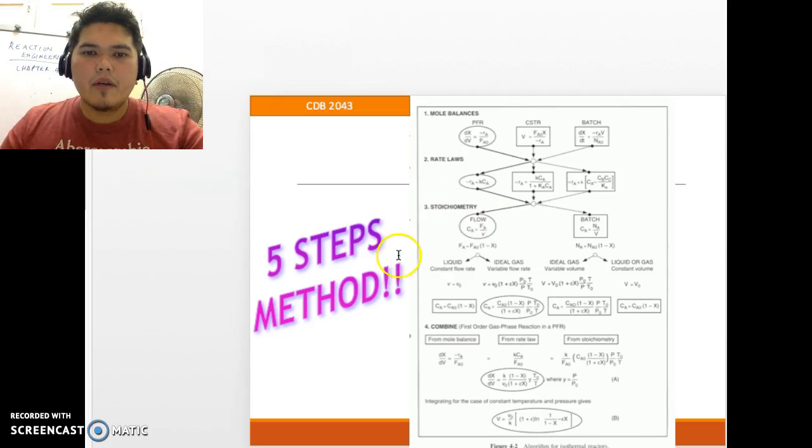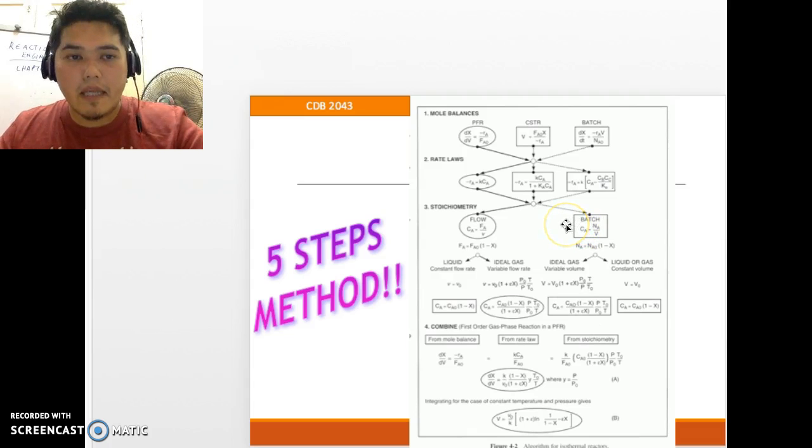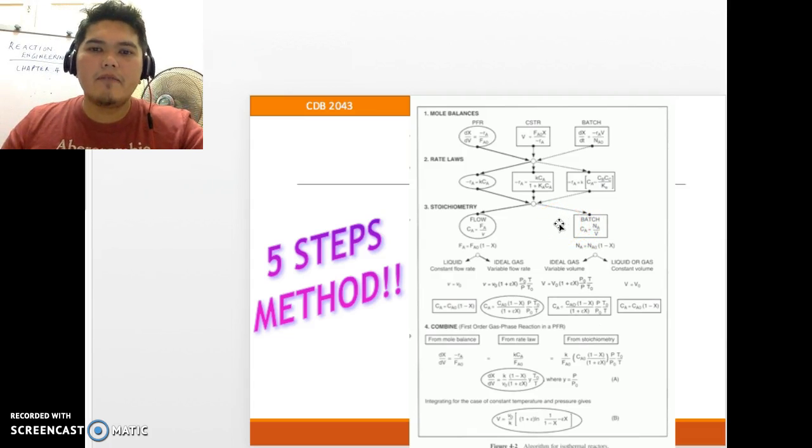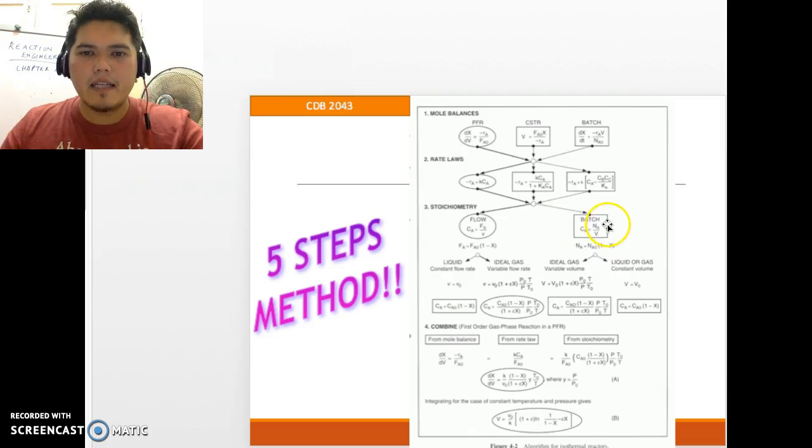And we also learned about setting up the stoichiometric table, which can be divided into 2 types: a batch stoichiometric table, or a flow reactor type stoichiometric table. What is different between both is that for a batch reactor, the concentration that you measure is the moles of A divided by capital V, which is the volume of the reactor.